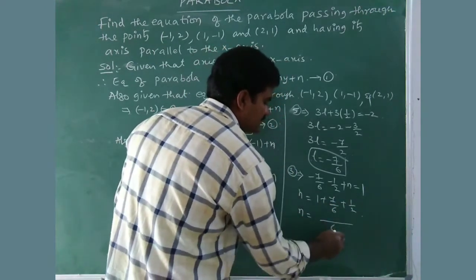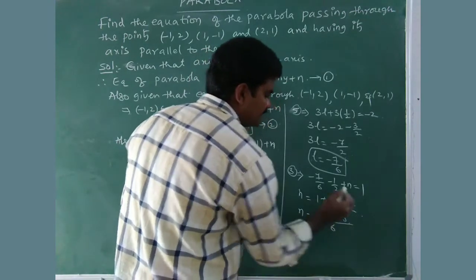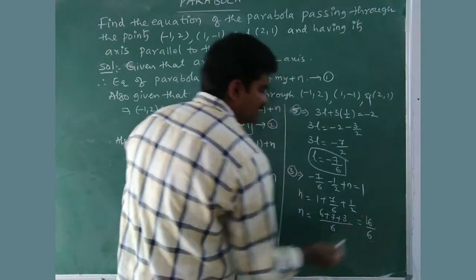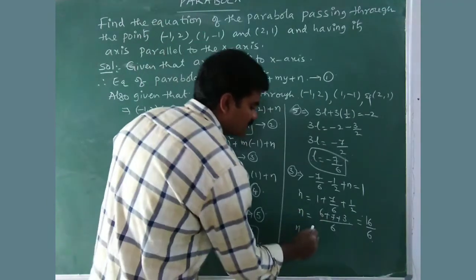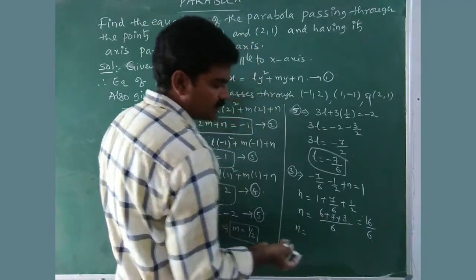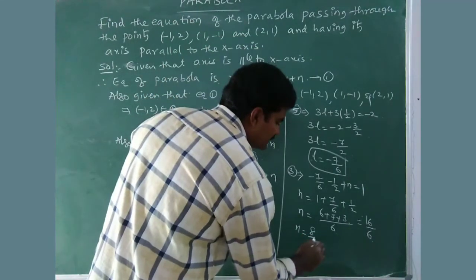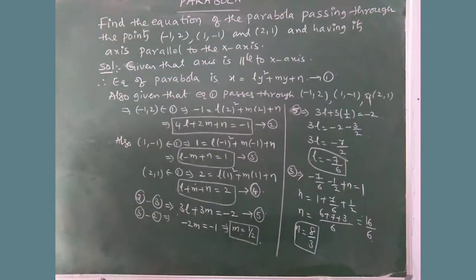So the LCM is clearly 6: 6 plus 7 plus 3, that is 16 by 6. So n is equal to, 8 twos and 3 twos, so the n value is nothing but 8 by 3.